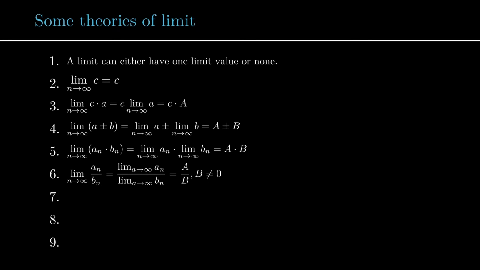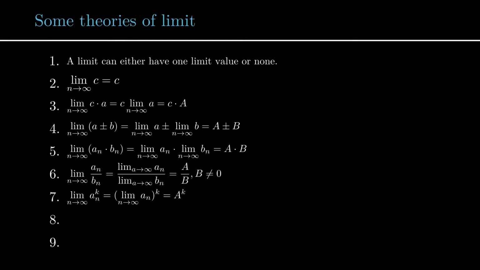And b shouldn't be 0, because if it's 0, we can't find that value. Number 7. The limit of a_n to the k as n approaches infinity. You get the limit of a_n as n approaches infinity, all to the k, so you get a to the k.